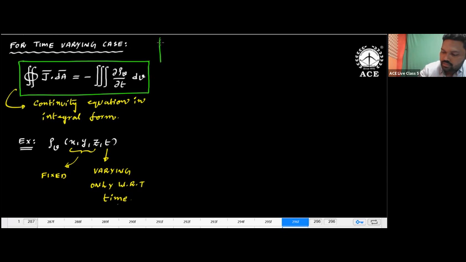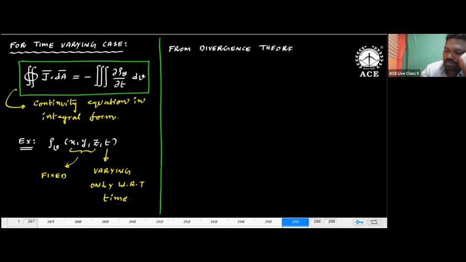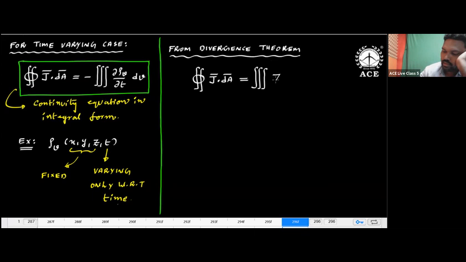Now further, what you can do from the divergence theorem. From the divergence theorem, this closed surface integral of J dot dA can be written as the volume integral of divergence of J into dV.